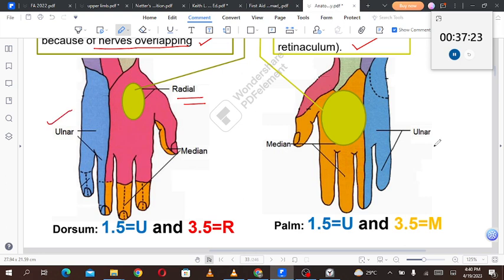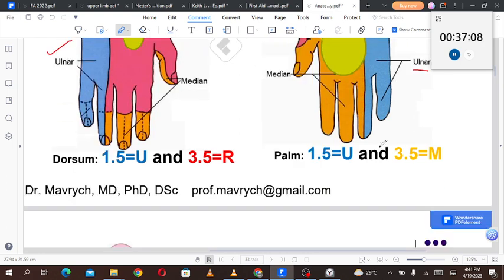The ulnar nerve is supplying the medial 1/3 of the palm, both the palmar and dorsal surfaces, while the posterior lateral 1/3 is supplied by the radial nerve, and the palmar lateral 1/3 is supplied by the median nerve. And here is the ulnar nerve supply, so the dorsum 1.5 is ulnar.